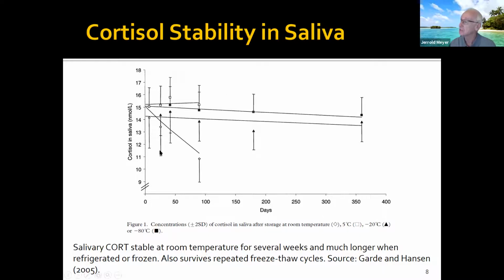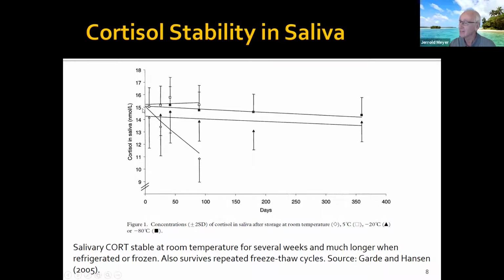I know this is a confusing looking graph, but this is the concentration of cortisol in saliva, with days on this axis and the storage conditions shown here. The open diamond is room temperature, and it's going down here at room temperature.